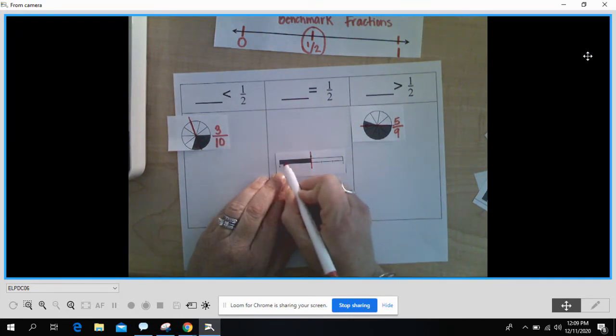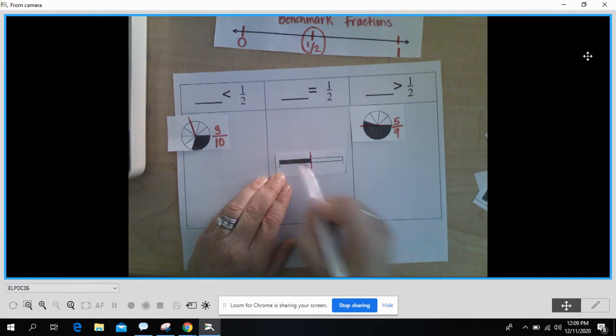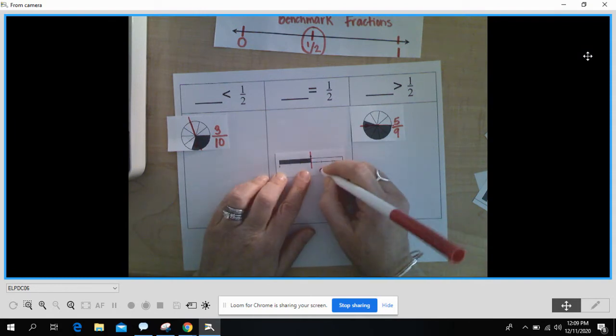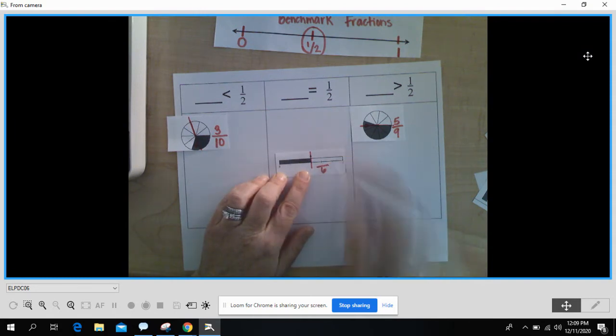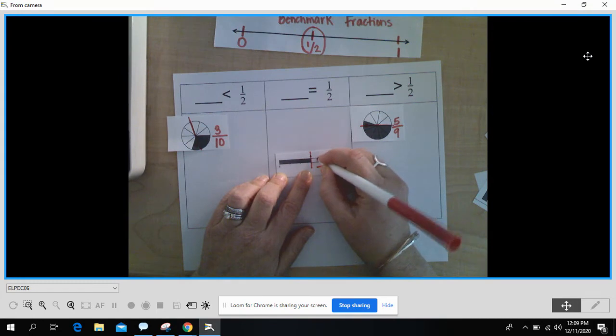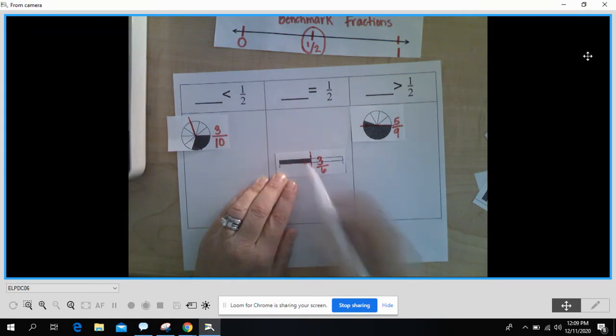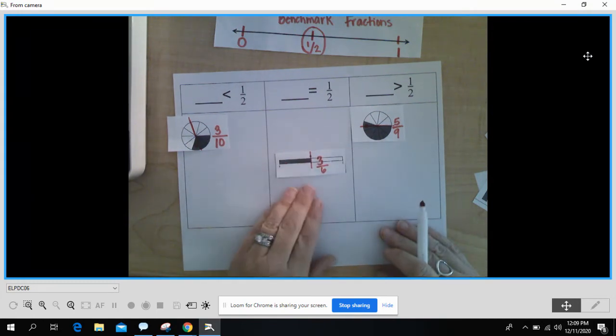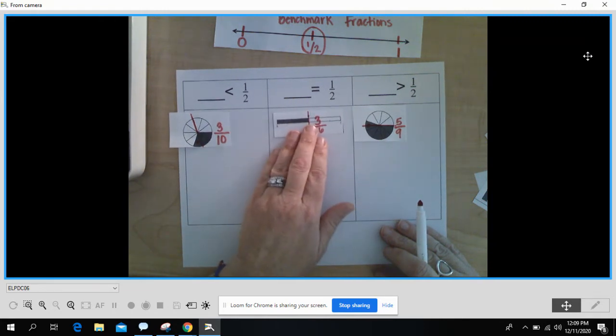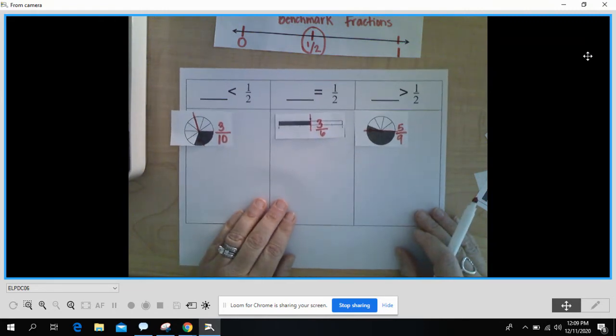Remember, when you were looking at fractions on a number line, you don't count the lines, you count the pieces. 1, 2, 3, 4, 5, 6. So this is sixths. How many sixths are there? Can you see that 1, 2, 3 are shaded? So this model is 3/6, and it lets me know that 3/6 is equal to 1/2.